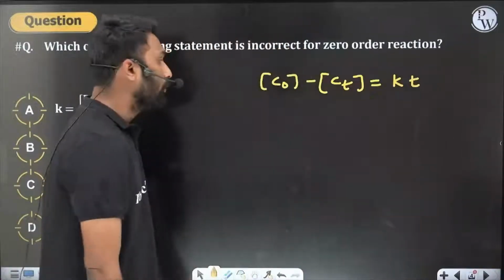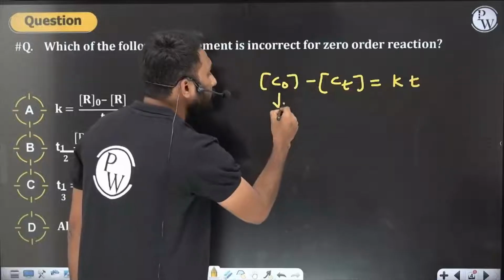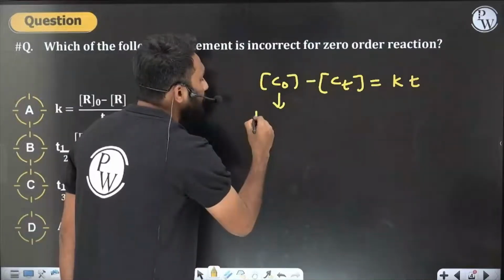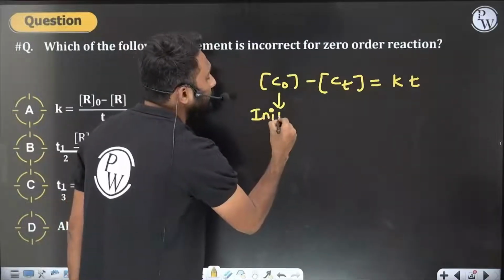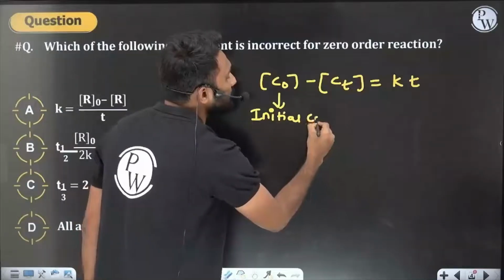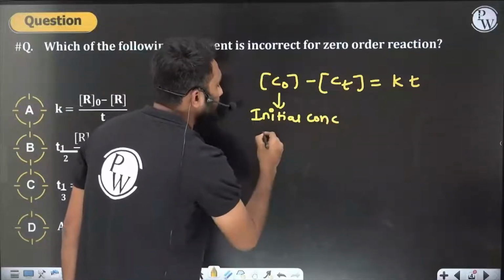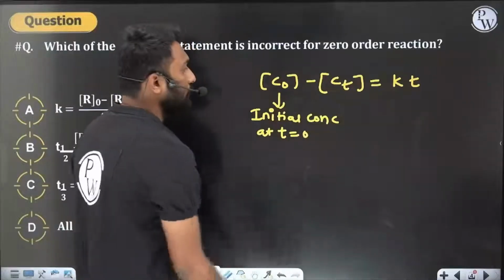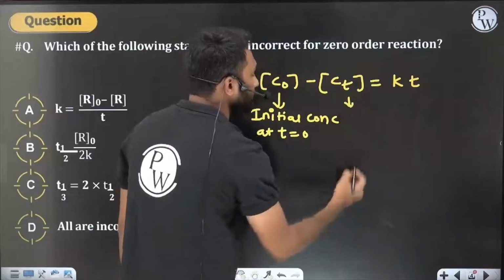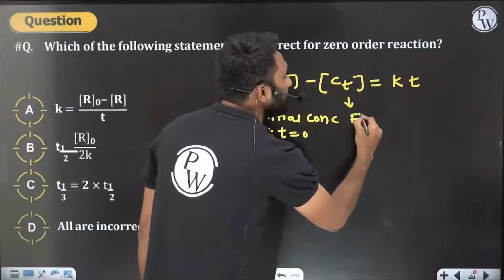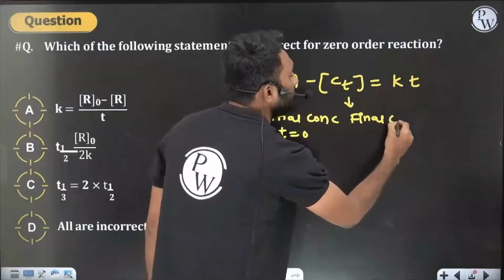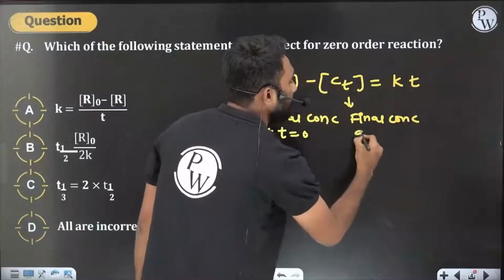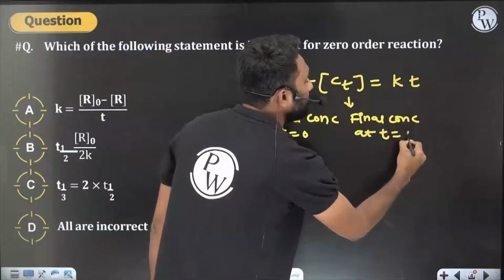Now what is C0? This is the initial concentration at time t equals 0. Now what is Ct? This is the final concentration at time t equals t.